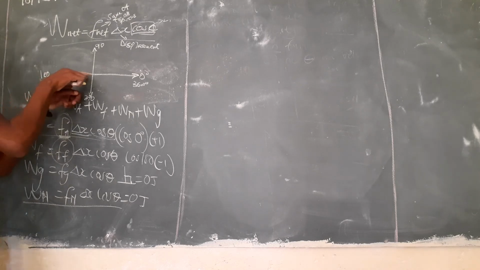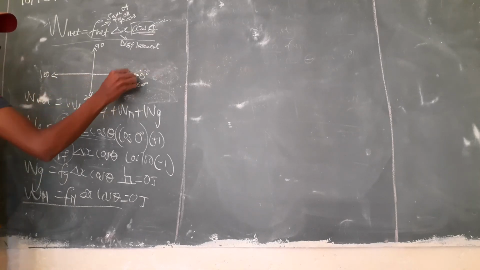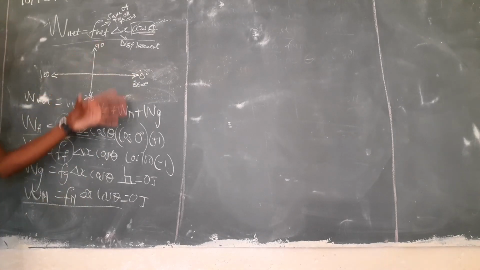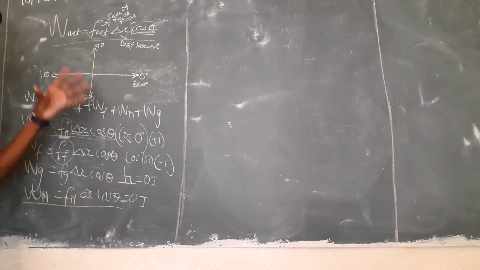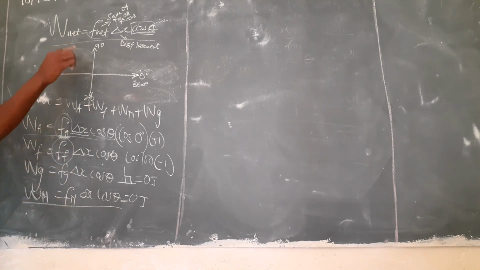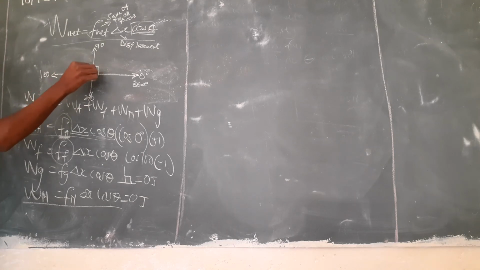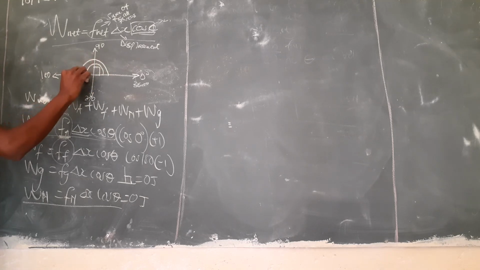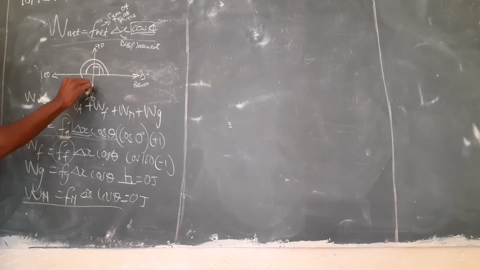If the object is moving along this way, it's cos of 0, but only when the force is moving in the same direction as the object. The angle here is 90 degrees, the angle here is 180 degrees, and the angle here is 270 degrees.